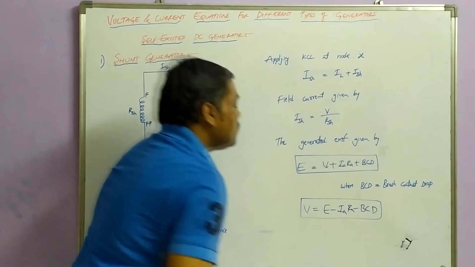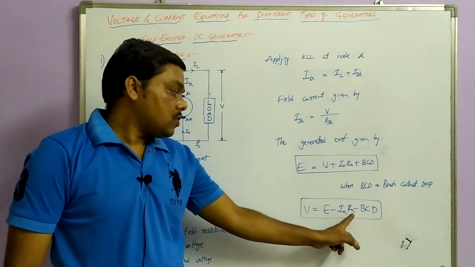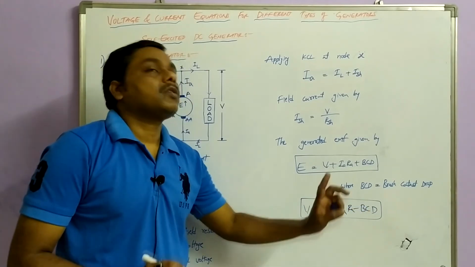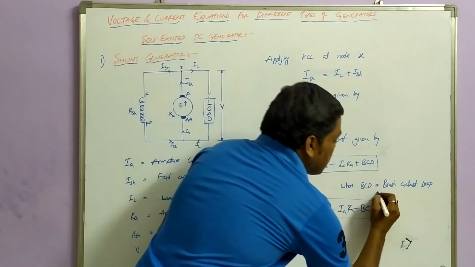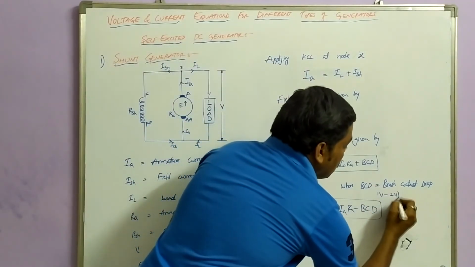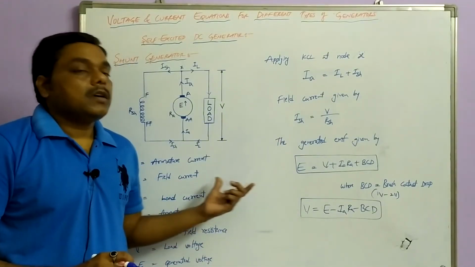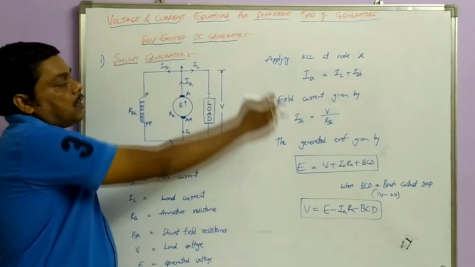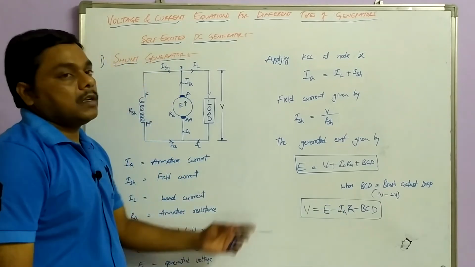The load voltage is obtained by deducting the armature resistance drop, which is very small, and the brush contact drop of 1 volt to 2 volts. You can consider the brush contact drop as 1 to 2 volts depending upon the rating of the DC generator. So these are the relations among currents, the generated EMF and the load voltage for the DC shunt generator.